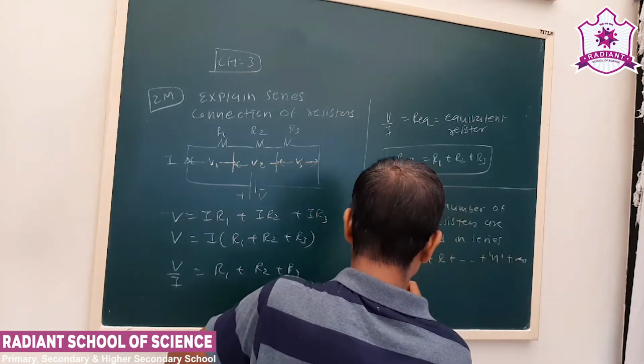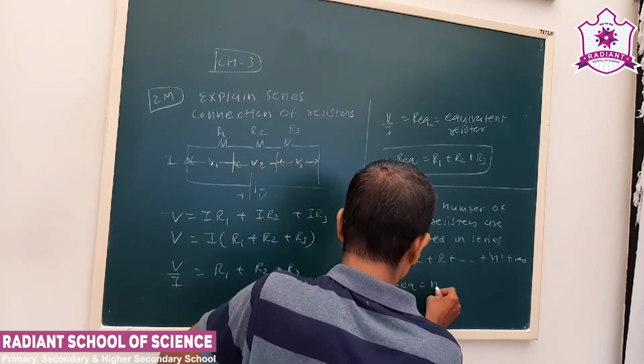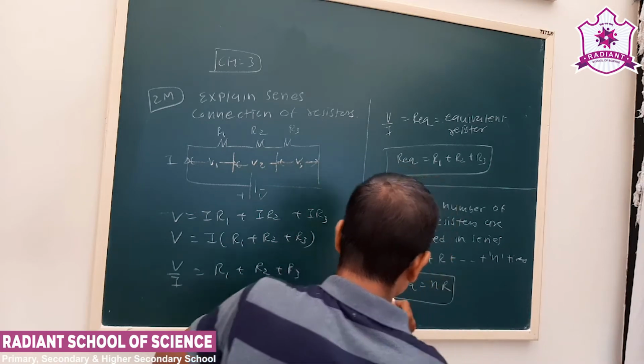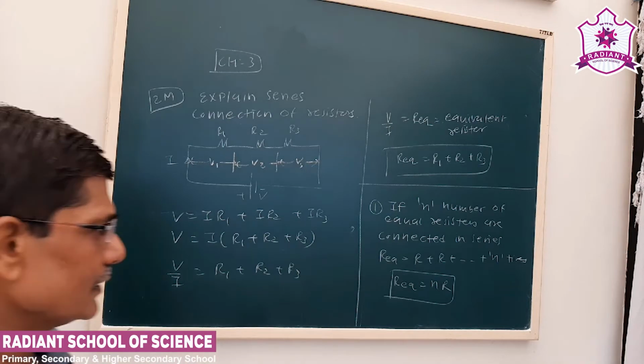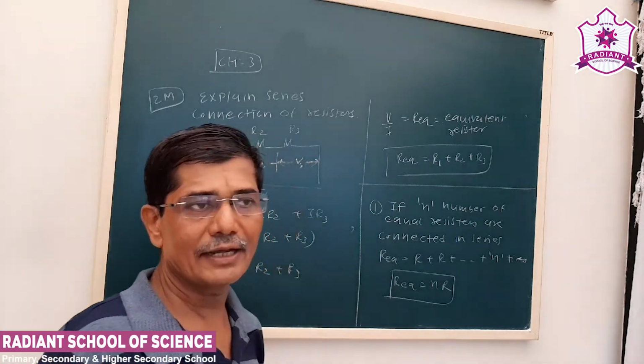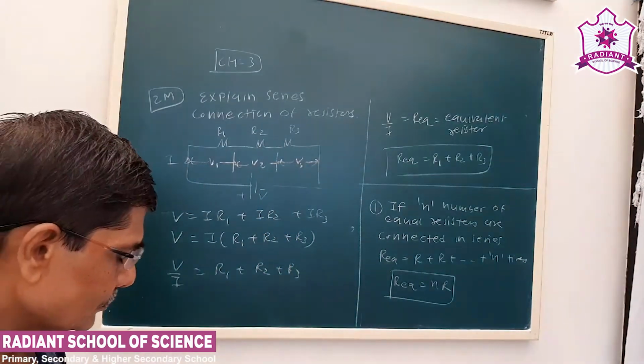So if n number of equal resistors R are connected in series, then we get nR.